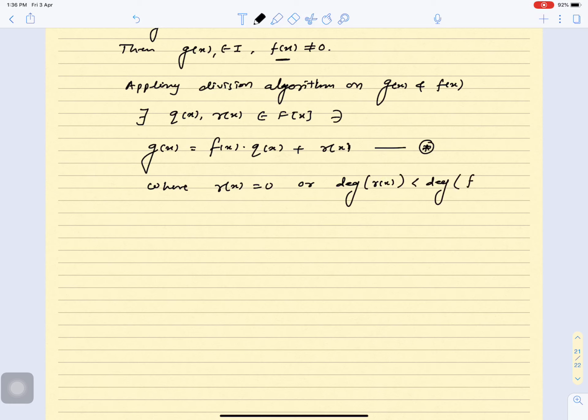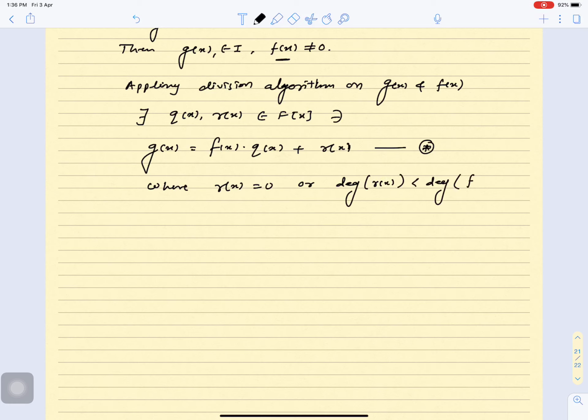So therefore what I have proved is that r(x) belongs to I, and the degree of r(x) is strictly less than k. These two things are a contradiction, because in I there is no polynomial whose degree is smaller than k other than the zero polynomial, and the degree of the zero polynomial is not defined, but here I contains a polynomial whose degree is smaller than k.